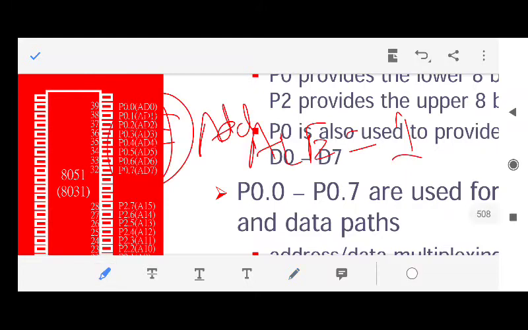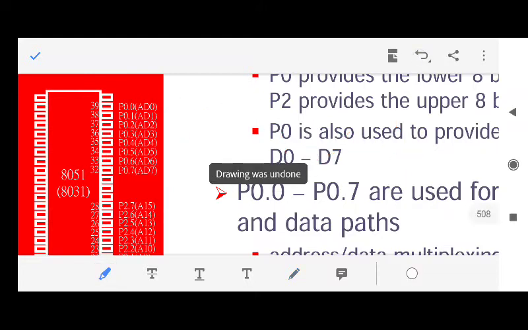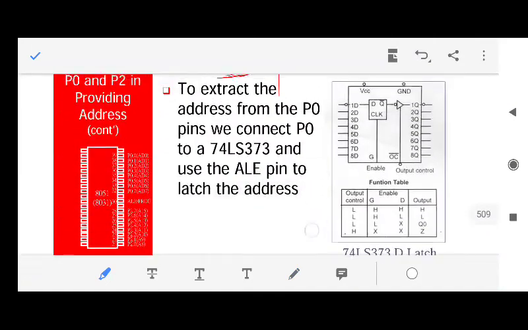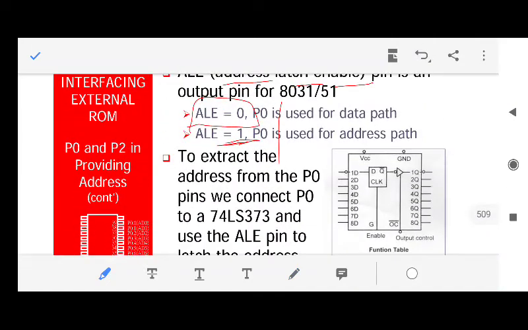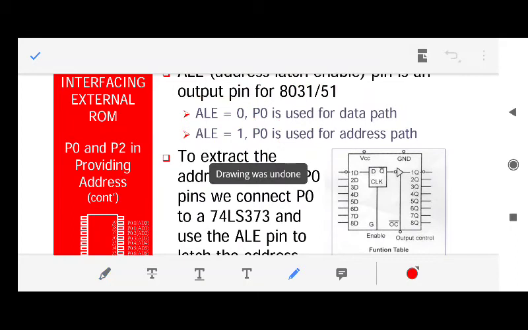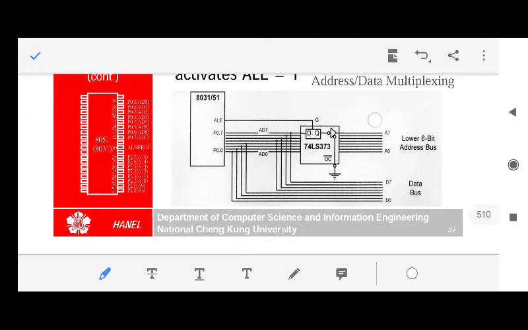And whenever the address latch enable pin is 0, that means data is coming out from it. Whenever 1, it means address. So you need to connect address latch enable accordingly. Now how it is connected and used, let's see with an example.